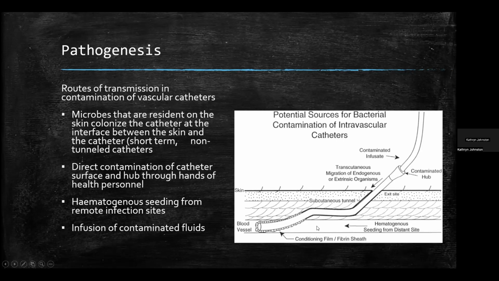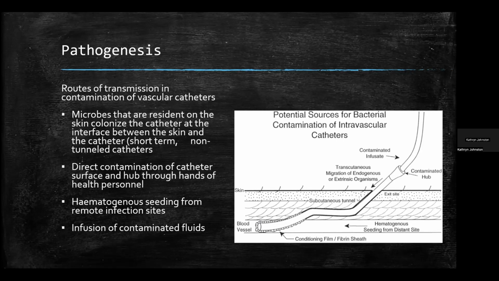And then the longer that the catheter is in place, you develop that fibrin sheath around the end. And you can also develop biofilms. And biofilms, we're going to talk about them in a few minutes.